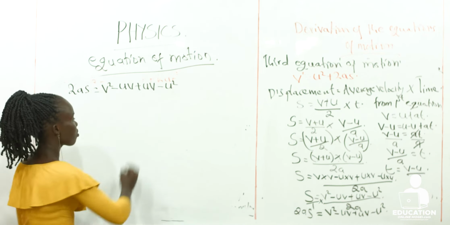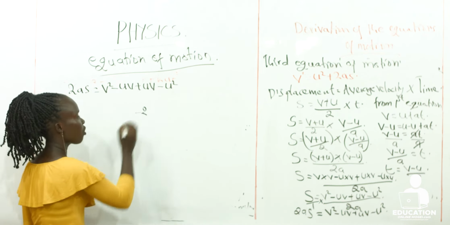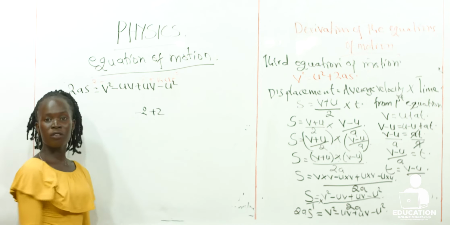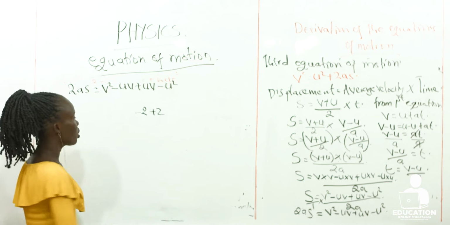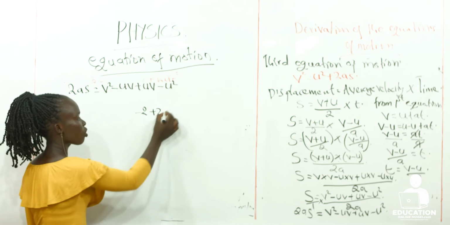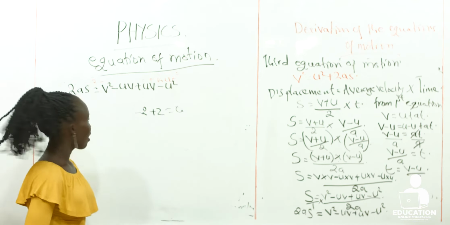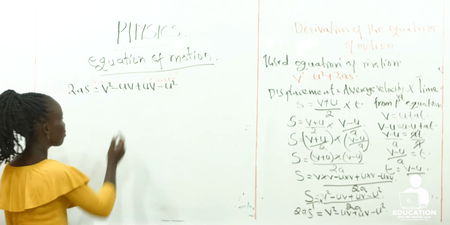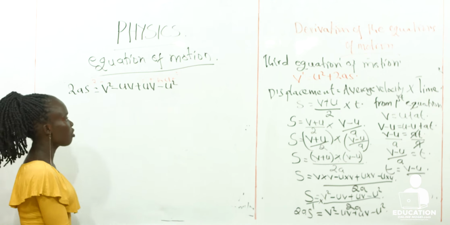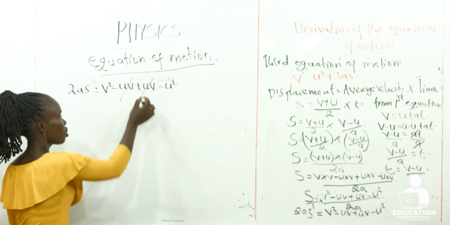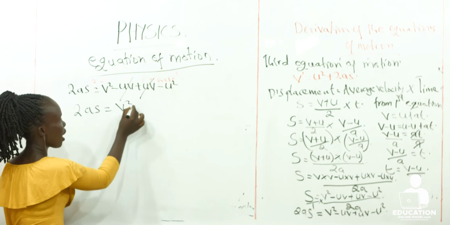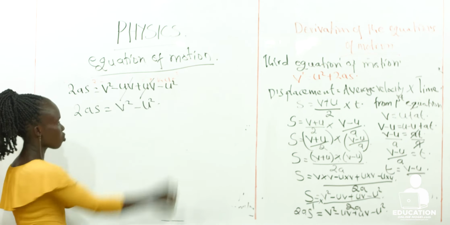It's the same as if you have negative 2 and then you add a positive 2 there, what happens? You'll see that these two will cancel. So this negative uv and the positive uv will cancel out, leaving us with 2as is equals to v squared minus u squared.